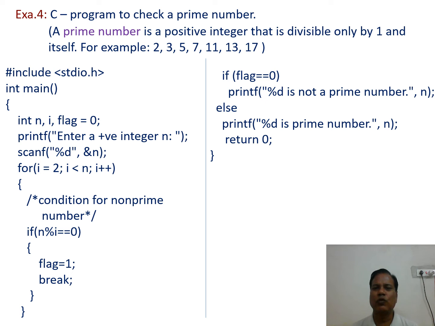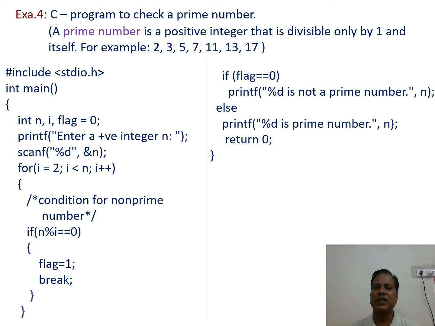And out of the looping statement, if flag == 0, see here the double equal sign is used. This is a logical operator. So when the value of flag is equal to 0, printf with %d prints the value of n, that is, the entered value is printed. n is not a prime number because it is divisible by some number less than the entered number, that is, less than n.